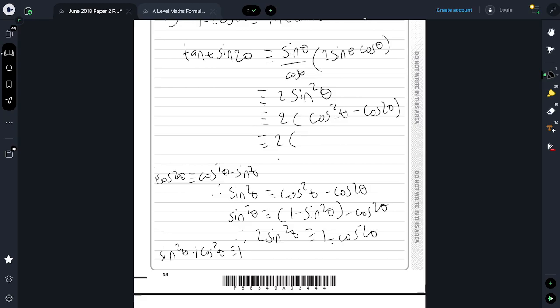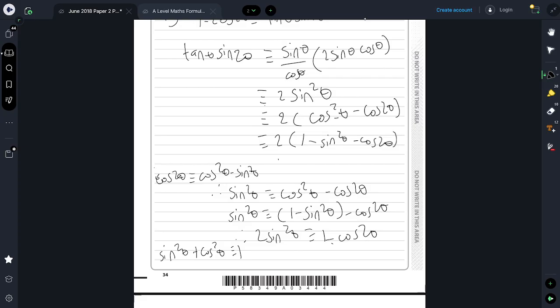I really am tempted to jump to this, but we have to derive it a little bit. 1 minus sine squared theta minus cos 2 theta.